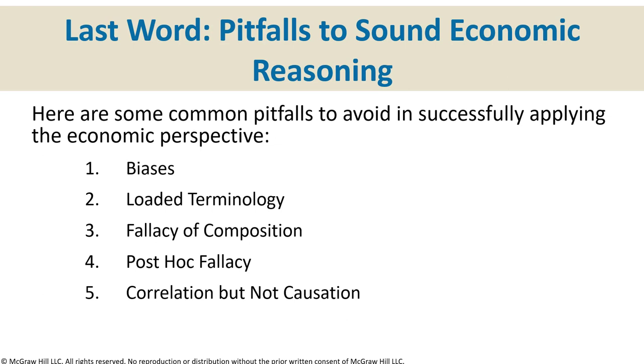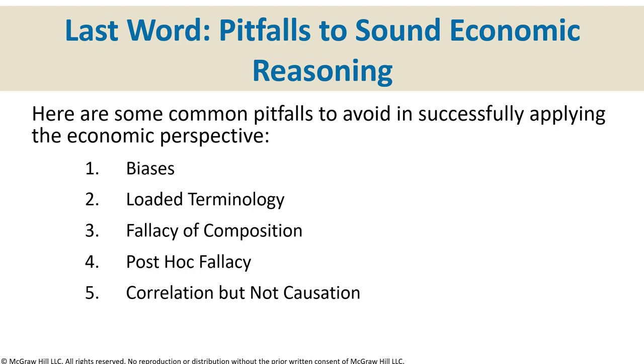Last but not least, mistakes that are involved. Remember, you could probably be subject to these. We all are. You might be biased. The terms may be confusing. The fallacy of composition, meaning you're just grouping everybody together, and it's not that way.